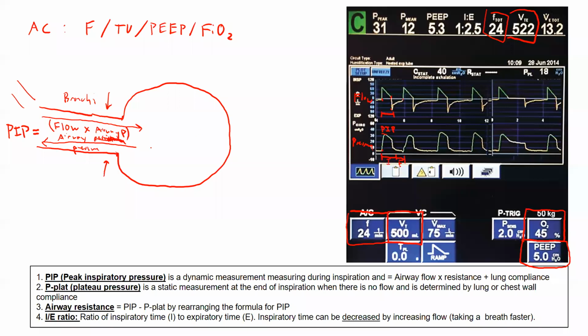All right, so you have your airway pressure here, then you also have your alveolar pressure. Does anyone know what is the thing on the vent that tells you what your alveolar pressure is? You can see it actually here.